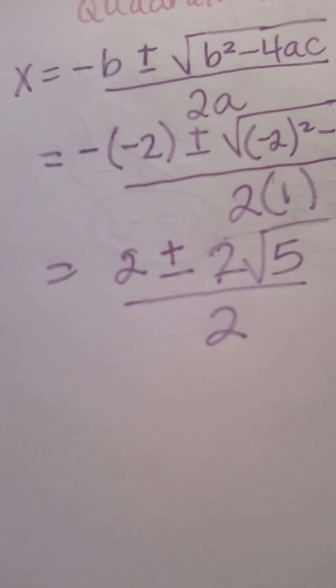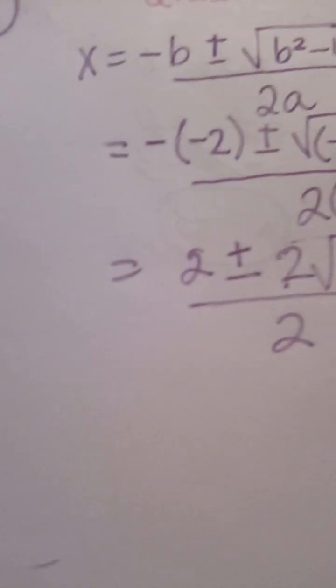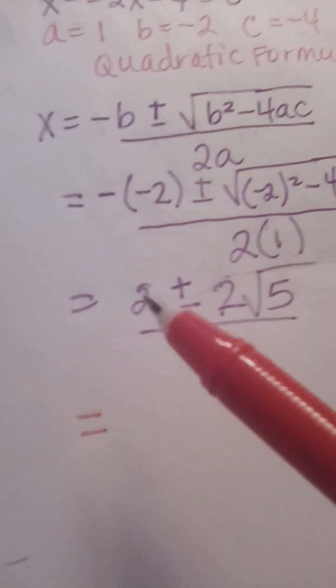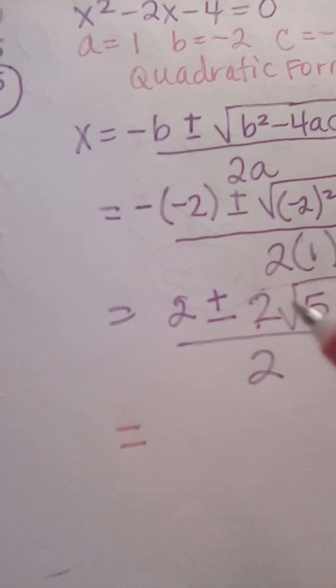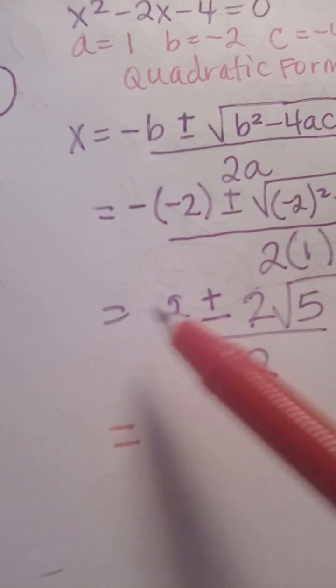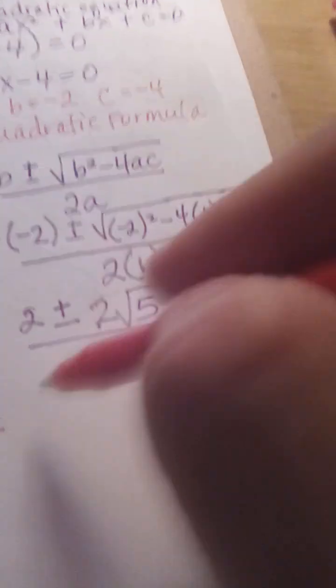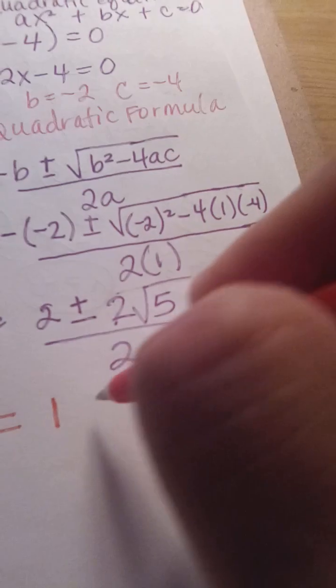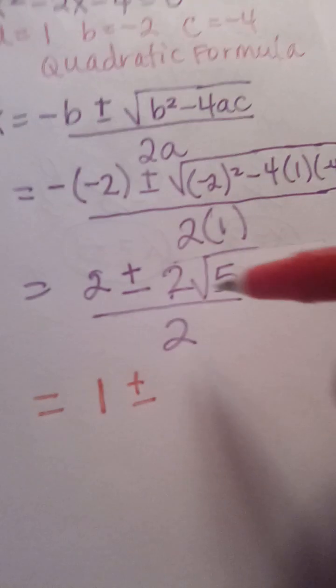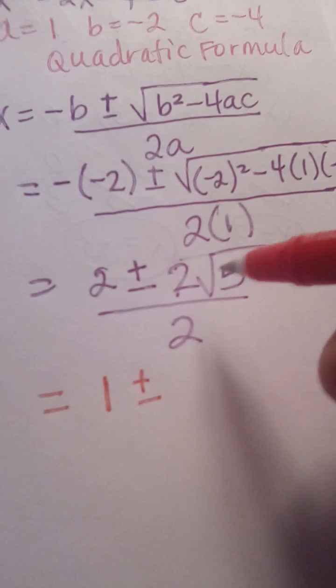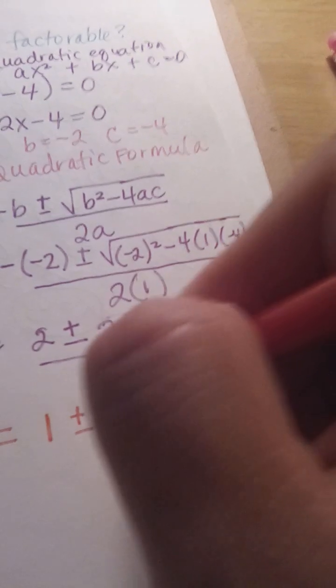All right. Are we done yet? No, we're not done. We are missing something. When you see this, we divide, right? What's 2 divided by 2? 1, right? Plus or minus. This will be 1, so we don't have to put 1 in there. What's remaining? Square root of 5.